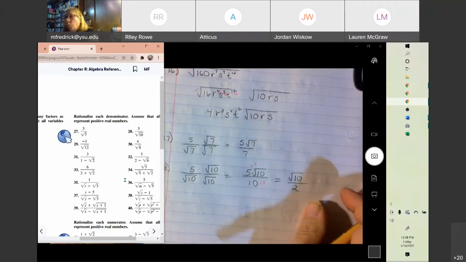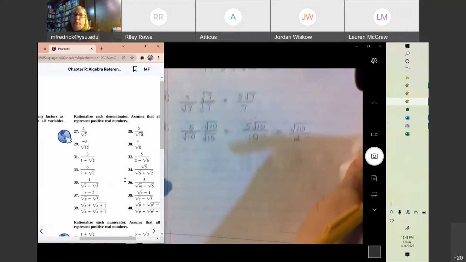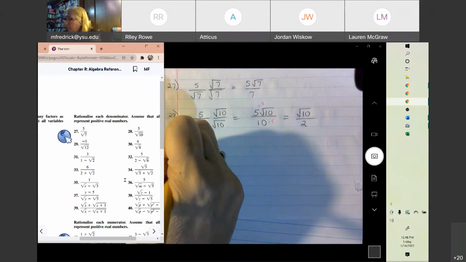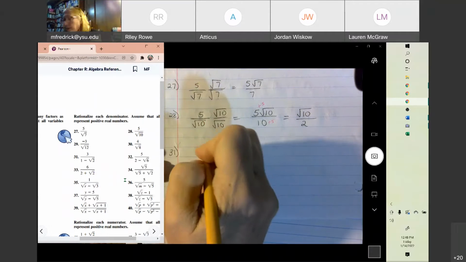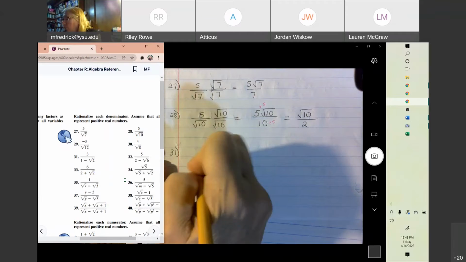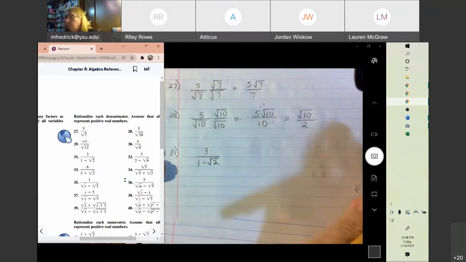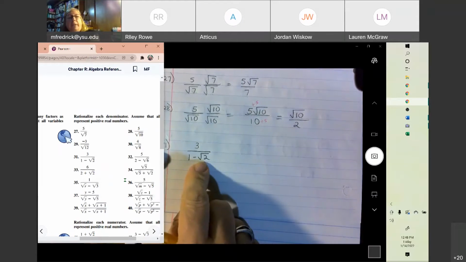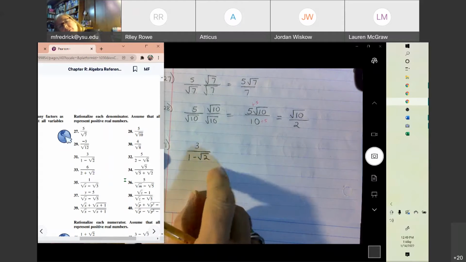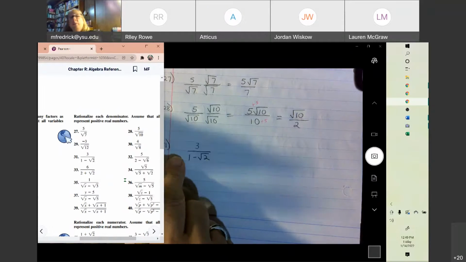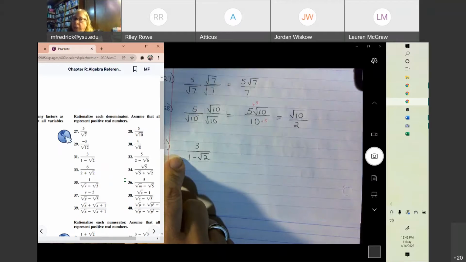So that's when there's one radical or one term in the bottom. If you look at number 31, we have 3 over 1 minus the square root of 2. Well, we can't just multiply by square root of 2 over square root of 2 then, because 1 times the square root of 2 keeps the square root of 2 on the bottom.